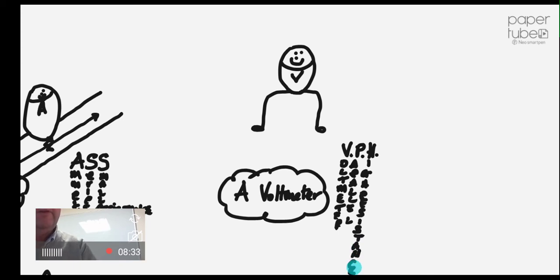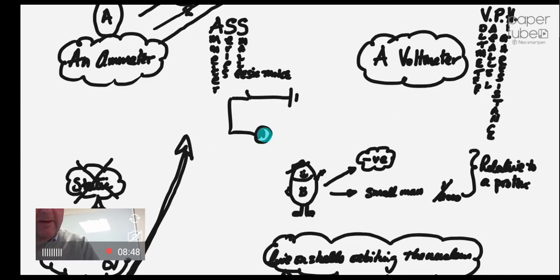So say we just draw the simple circuit that we have at the bottom of the page, and we're going to measure the current flowing through this resistor, right?